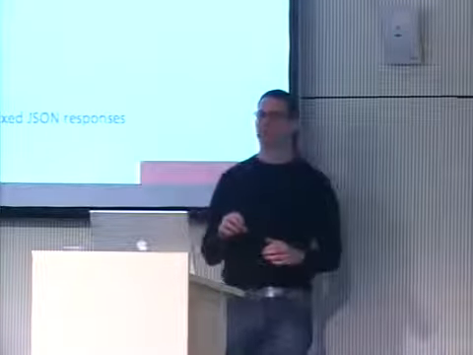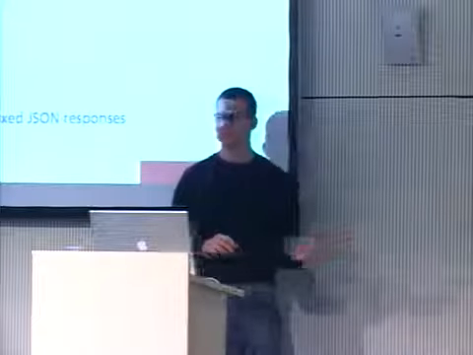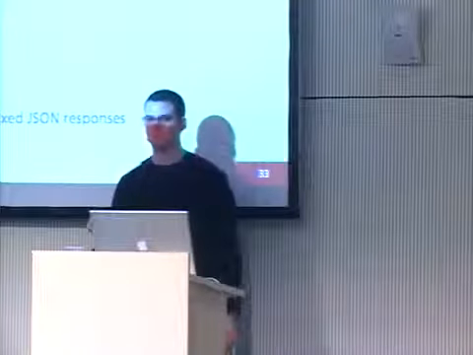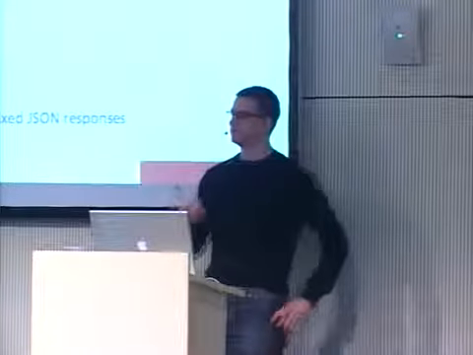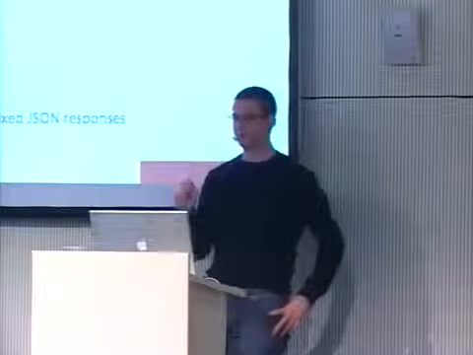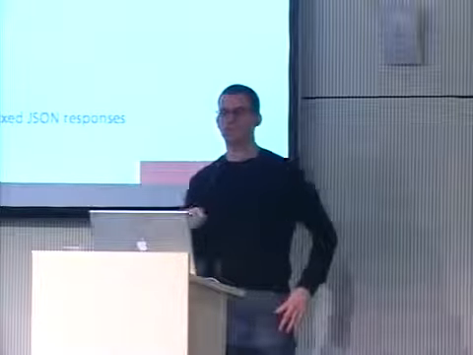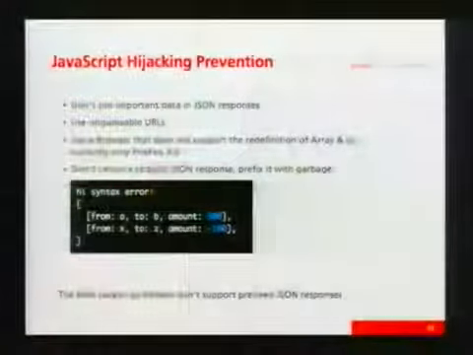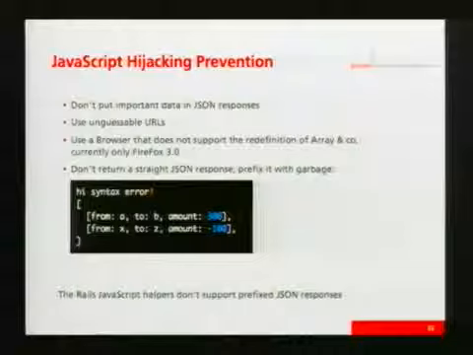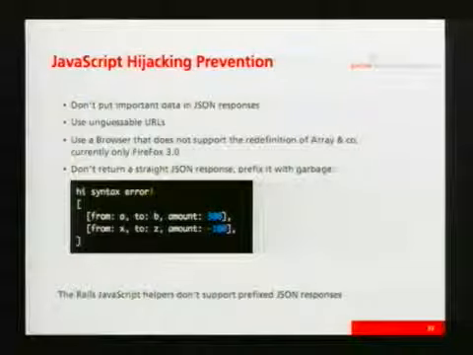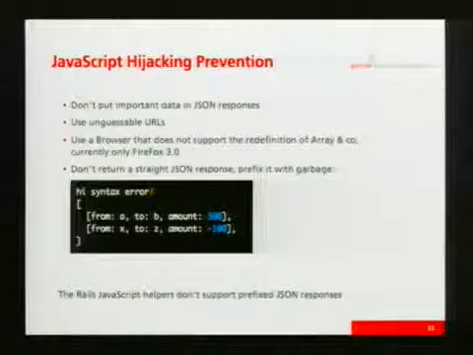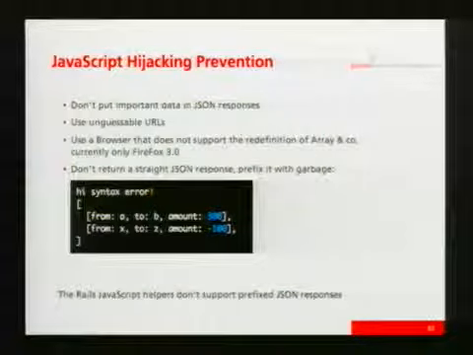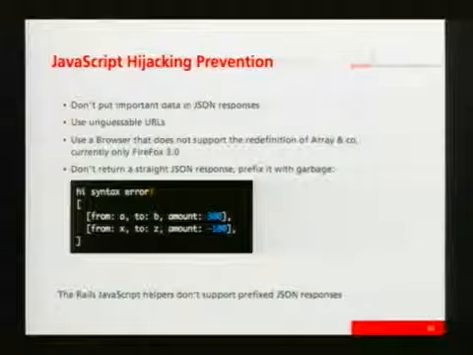Basically, the only solution against this problem, apart from not using JSON responses, is to not give pure JSON responses. Prefix it with garbage. So if the evil site is doing the script tag include, the JavaScript engine of the browser will throw a syntax error, because it's not valid JavaScript anymore. So the array redefinition trick doesn't work because you have a JavaScript error. In this case, I just prefix it with a syntax error, and by doing this, the script tag attack doesn't work.